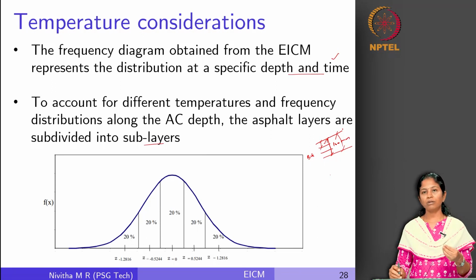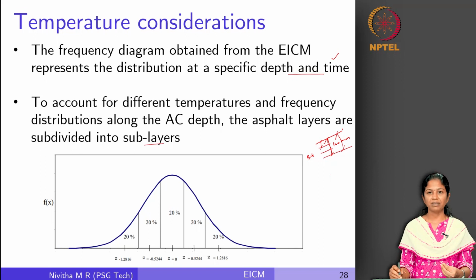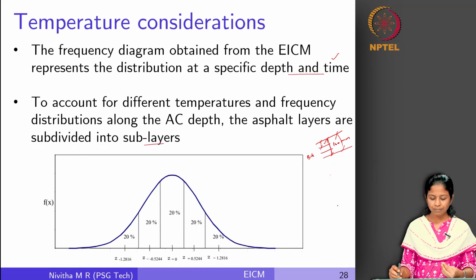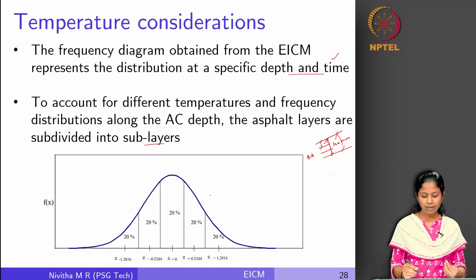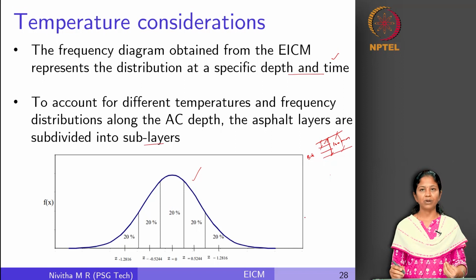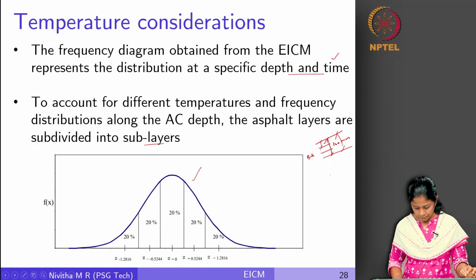To take that into account precisely, and also to take into account the moisture variation precisely, they have subdivided the layers. So, for a given sublayer, this normal distribution will be calculated for the pavement temperature.